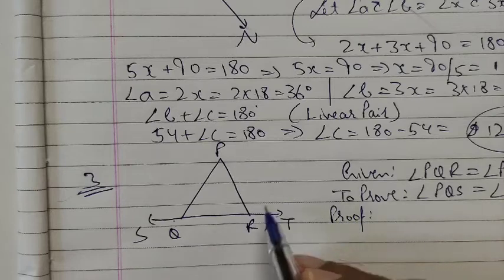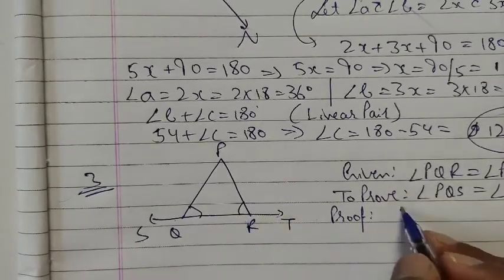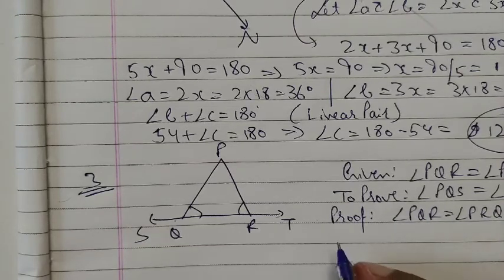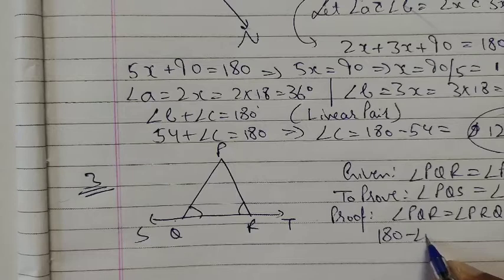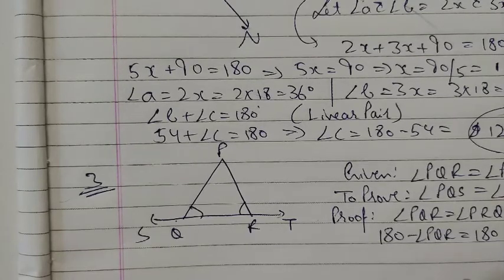Now it is given that angle PQR is equal to angle PRQ. Now if we subtract both sides from 180, 180 minus angle PQR is equal to 180 minus angle PRQ.